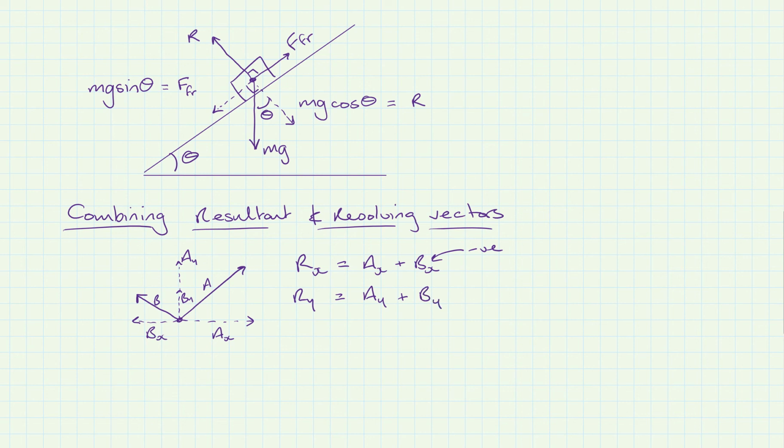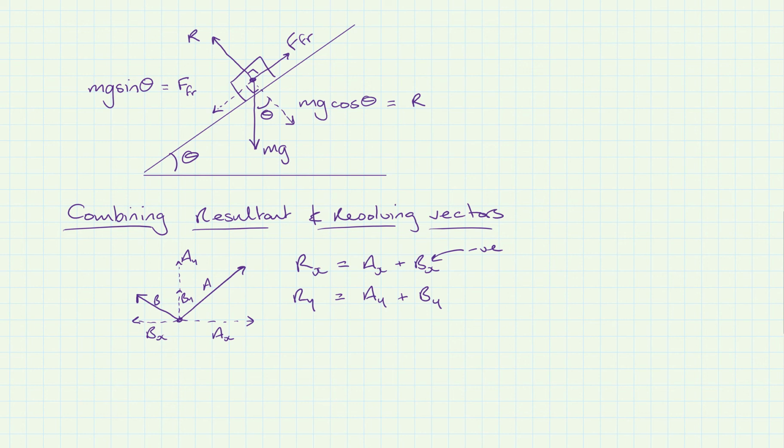So I've resolved my two forces, let's call them forces, my two vectors, A and B, into perpendicular components. That's the resolving part. But I've made it so that those perpendicular components are the same for A and the same for B. So now if I've got two vectors going in one dimension, I can use just plus and minus to add them up.